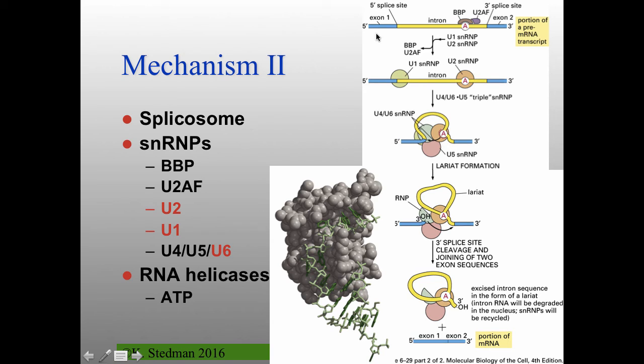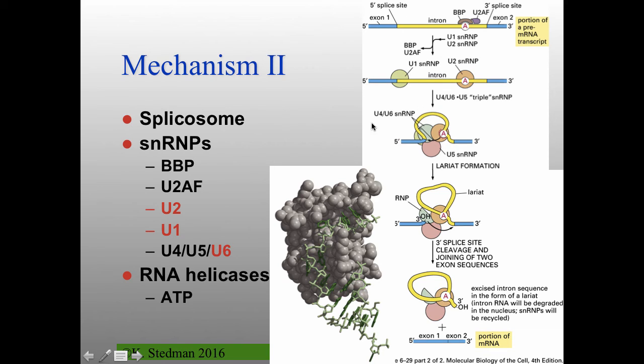So if you have appropriate association of U1 and U2, then U4, U5, U6 will come in and perform the splicing reaction. And how exactly that works, again, is a fascinating process beyond the scope of this course. What happens?